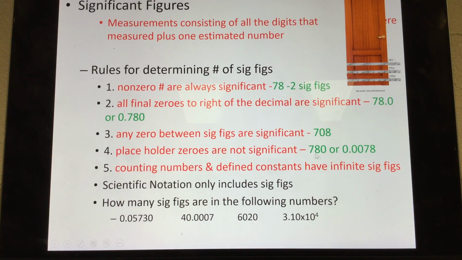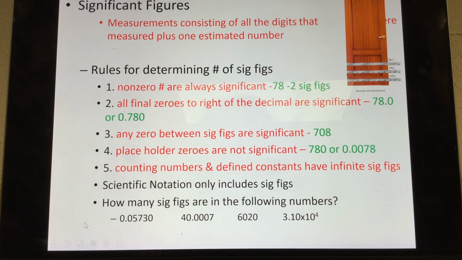But down here, 780, since there's no decimal point at the end of this number and that 0 is not significant, 780 would just be 7.8 times 10 to the 2nd power if we were to put that in scientific notation. So we would not include that 0 here.